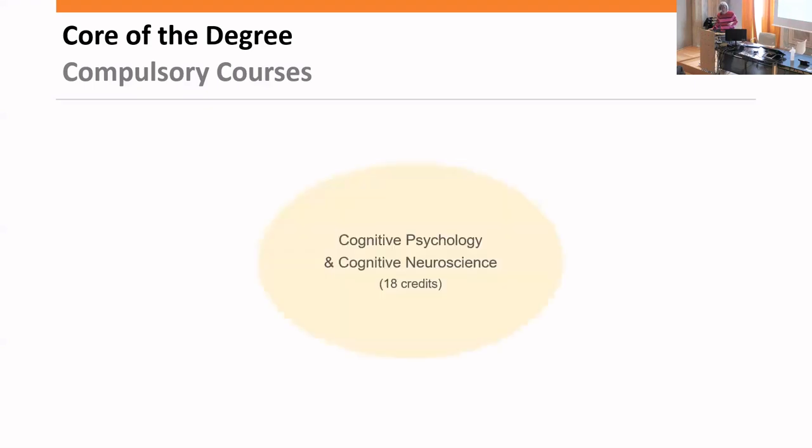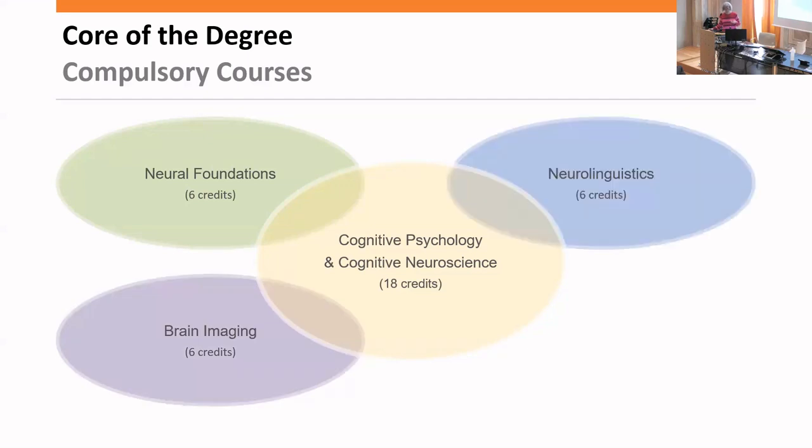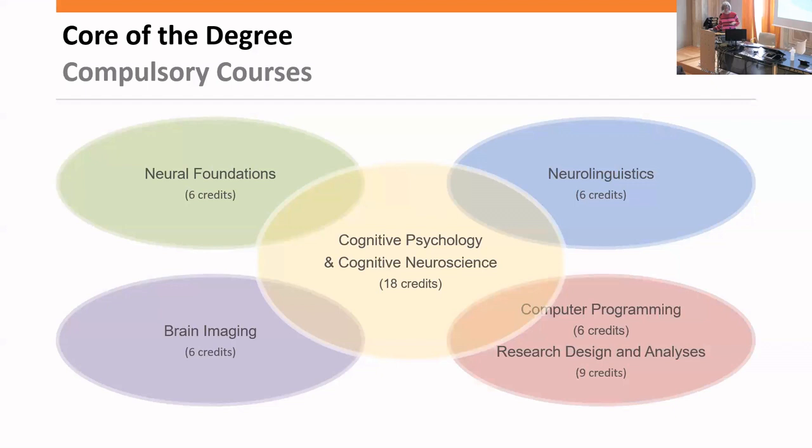So for now, our compulsory courses have a core of cognitive psychology and cognitive neuroscience theoretical courses, but this is all supported with more practical courses for neural foundations, brain imaging, neurolinguistics, and also very practical courses that will provide you with the skills necessary for any direction you might take in your career: computer programming, research design, analysis, how to create experiments, and how to analyze data.